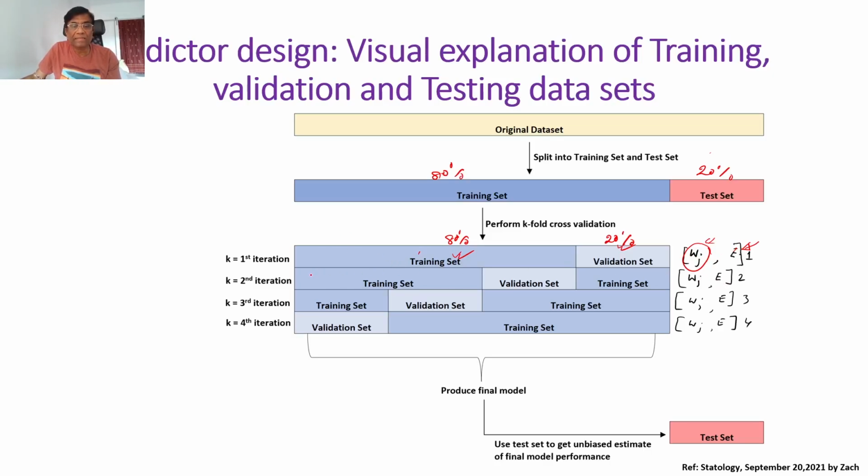In the second iteration, those who were in the validation set earlier, you allow them to act in the training process and select 20% from the earlier remaining training set for validation. And you see this validation set is now training set, and this is a new kind of validation set which we have selected, and then repeat, collect this.